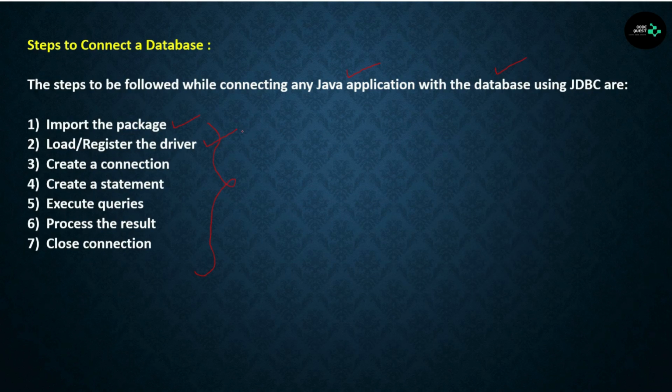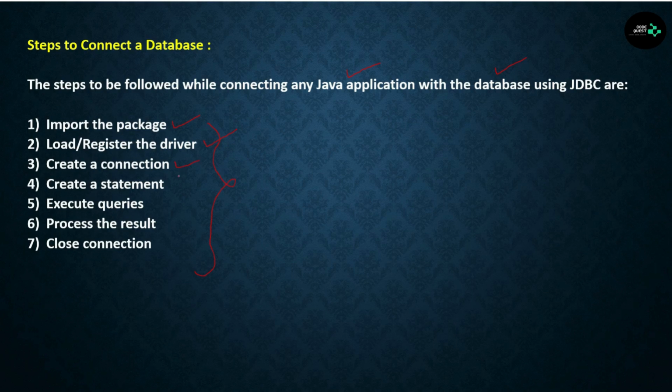Are we using type 1 driver, type 2 driver, type 3 or type 4? Accordingly, we need to write down the syntax. Once the particular driver is loaded, we will create connectivity with the database, where we take the help of the Connection interface.